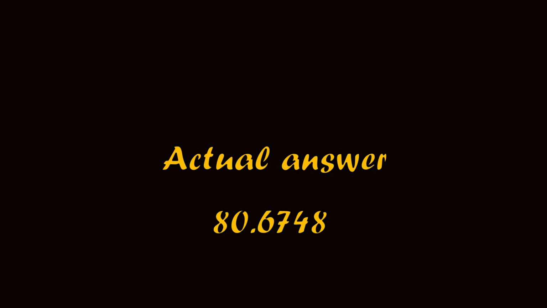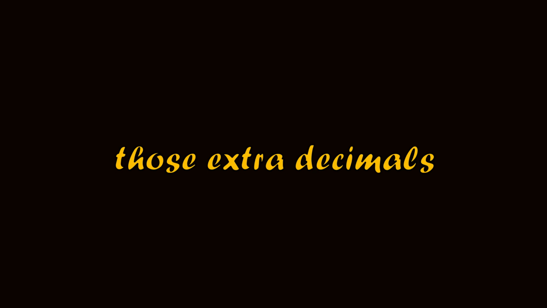Applying it to a question, let's say that the question is telling you to find the product of 12 and 6.7229. You would get 80.6748 as the actual answer. But for subjects such as physics, it would be unacceptable to keep those extra decimals because we are not sure that those decimals exist in the calculation. So for a test, you would write 81 as the answer.